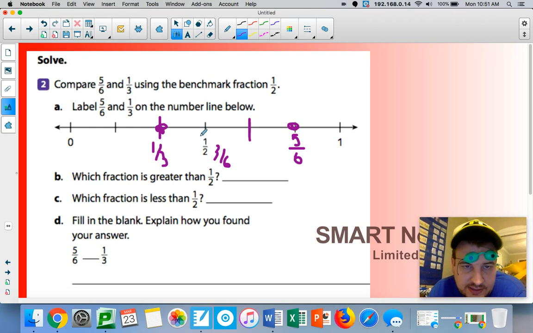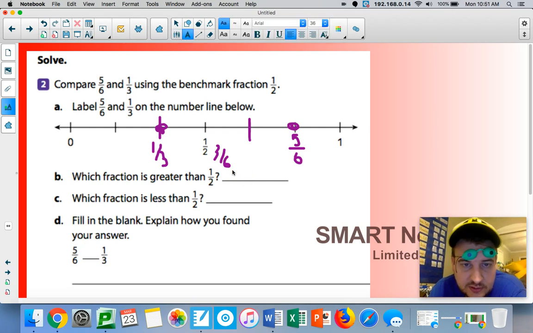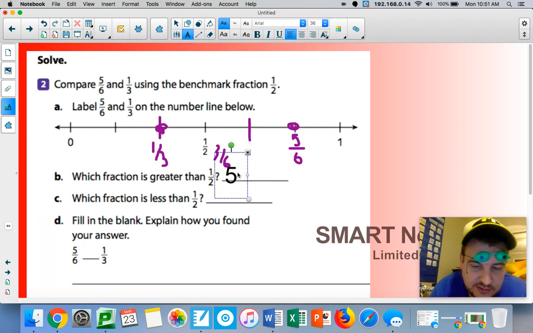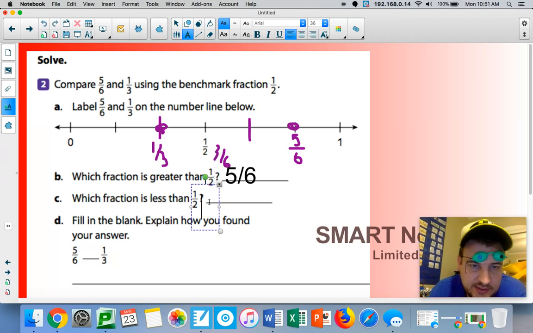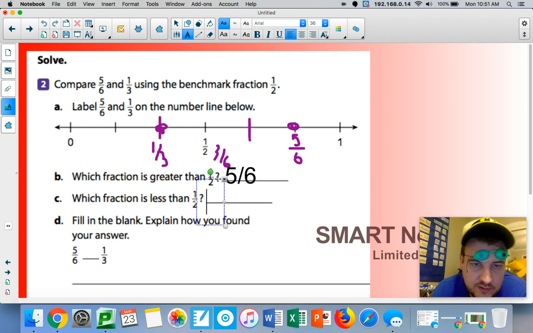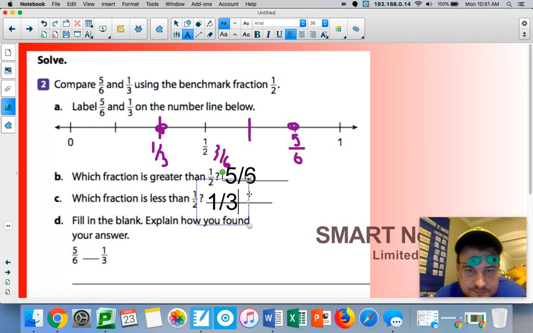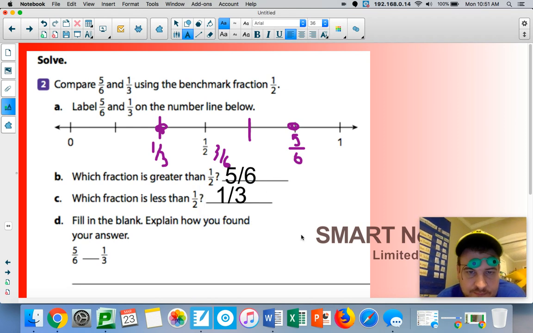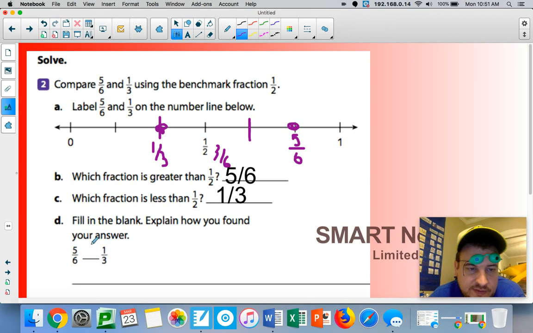1/3 is less than 1/2. So that means, which fraction is greater than 1/2? 5/6. Which fraction is less than 1/2? That'd be 1/3. Fill in the blank. 5/6 is greater than 1/3.